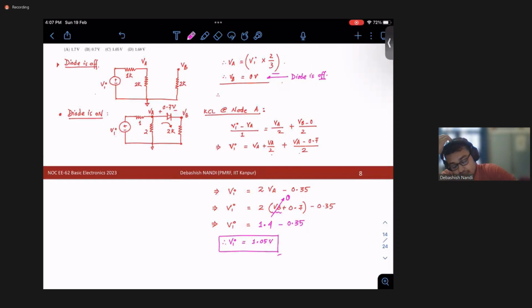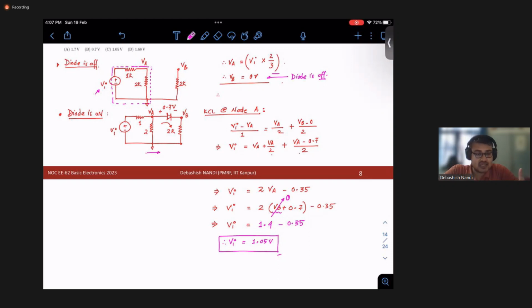So see what happens. Suppose I am increasing VI till it is 1.05 volt. My circuit will look like this. Now, as soon as I am at Vi equal to 1.05 volt, my circuit looks like this.